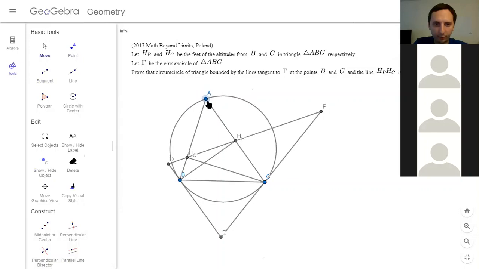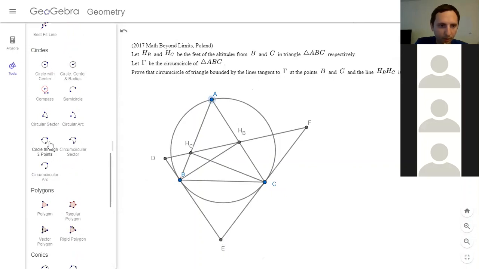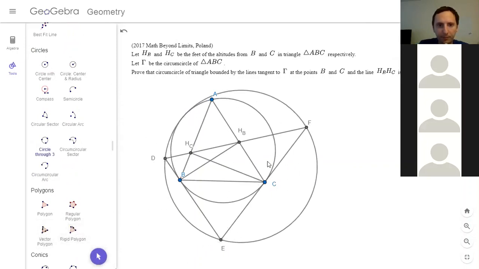So let me try to make it look a little bit better. I think that looks good. Then I'll draw the circumcircle. And we want to prove they're tangent, but I'm just going to draw it. So yeah, that is the problem.